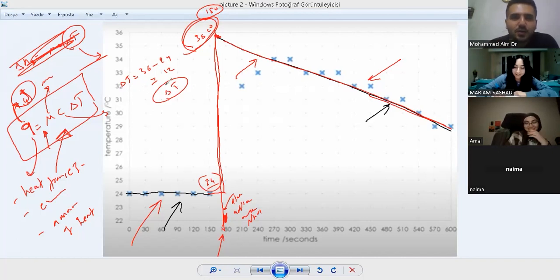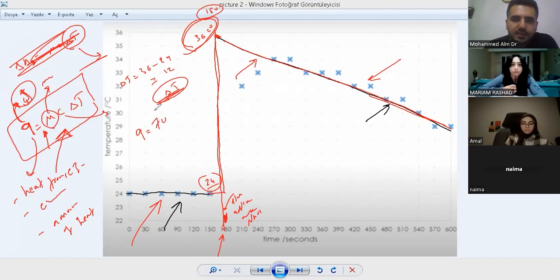So look, guys, we found delta T, 12. So we say Q equals M, the mass of the water. What was the mass of the water? I don't remember. Let me say 70 cubic centimeters. For water, cubic centimeter equals gram equals milliliter.